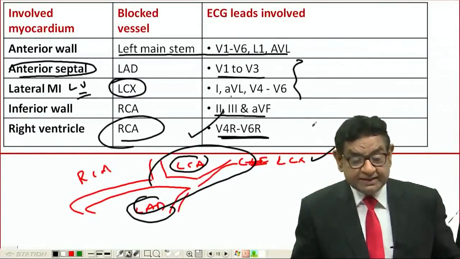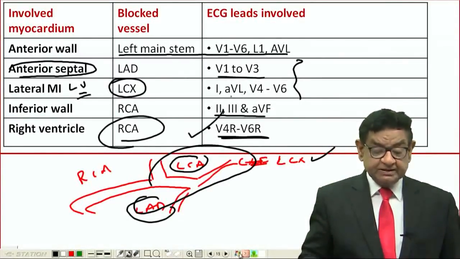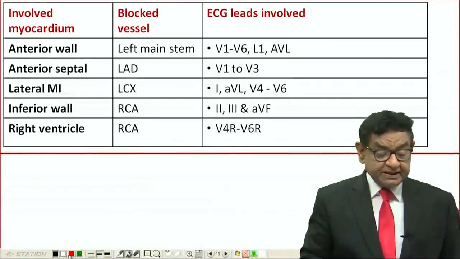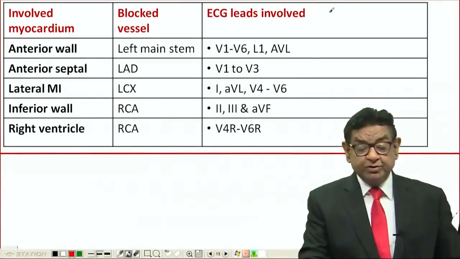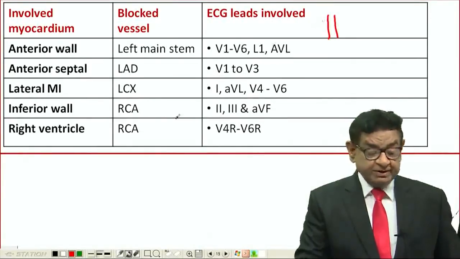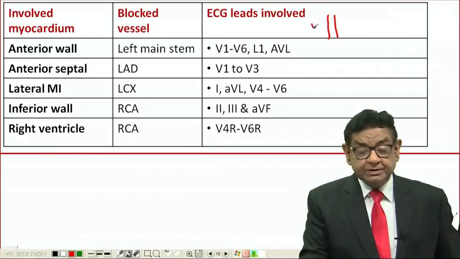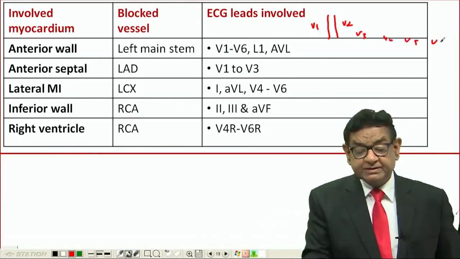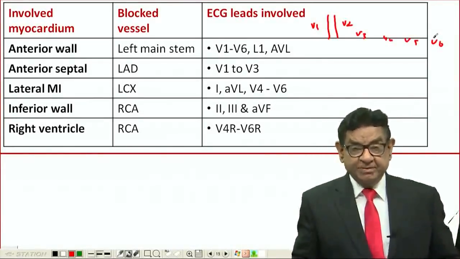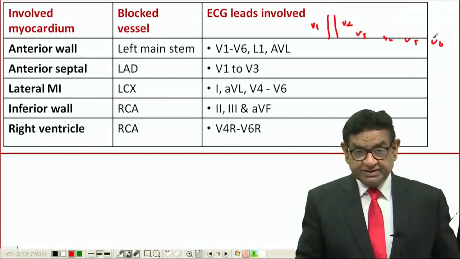What do you mean by right-sided leads? The basic concept about right-sided lead is, when we are doing the recording, this is the sternum, and this is the V1, this is V2 lead, V3, V4, V5, V6. This is a typical lead placement in a normal recording of ECG.